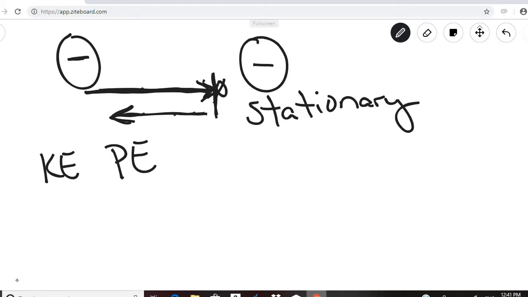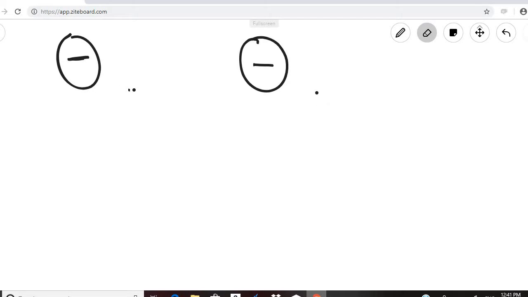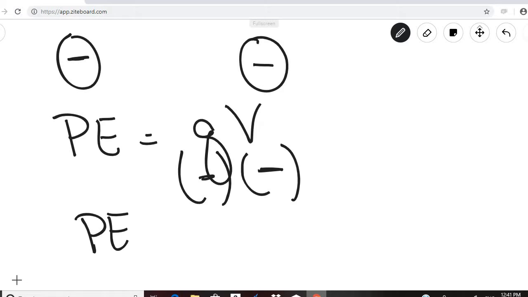So now if we look at our equations in this case, the potential energy is equal to Q times V. Well, because the stationary charge is negative, V will be negative, and Q is also negative. So now potential energy is what?